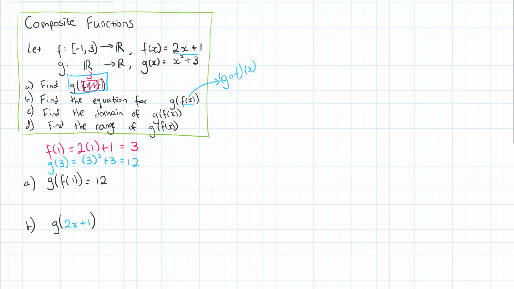Now what we need to do is substitute this in for g. Just like we did here, we substituted in 3, and we did 3 squared plus 3. Instead of substituting in 3, we'll substitute in 2x plus 1. So instead of x squared, we'll substitute in 2x plus 1 squared. And we can expand that if we like, or we can just leave it in that form, that's fine.